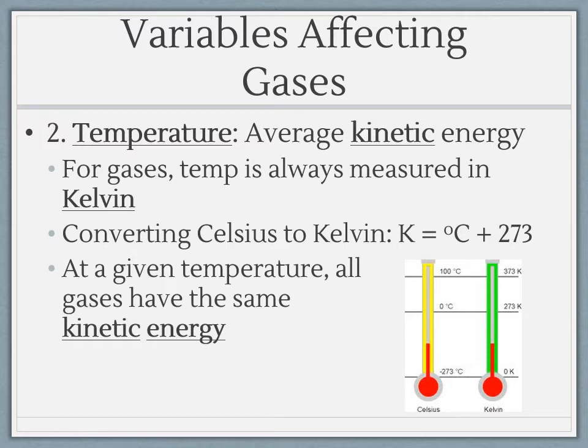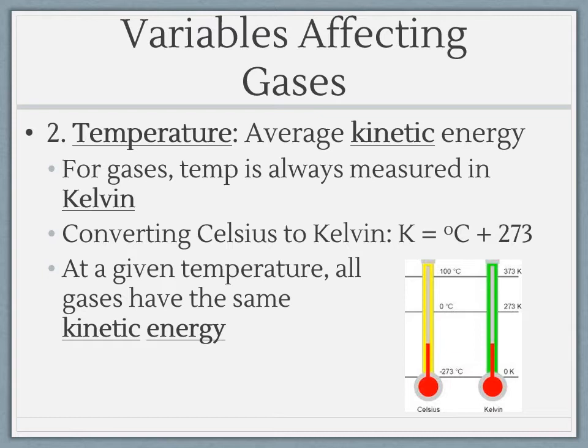Now, the reason why: we're going to be doing lots of math with gases, and we need our temperature to always be a positive number. And the Kelvin scale goes to 0. That's absolute 0. It cannot be negative.